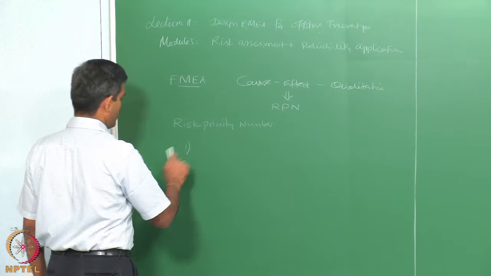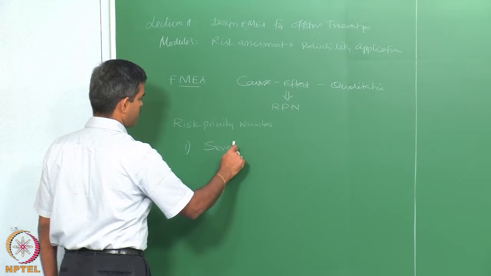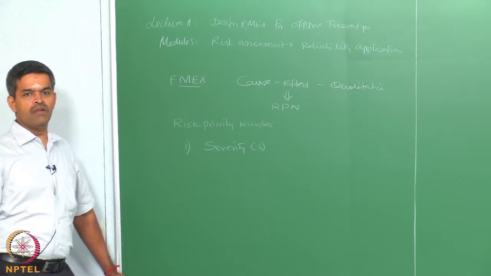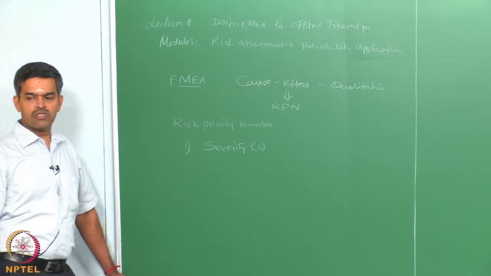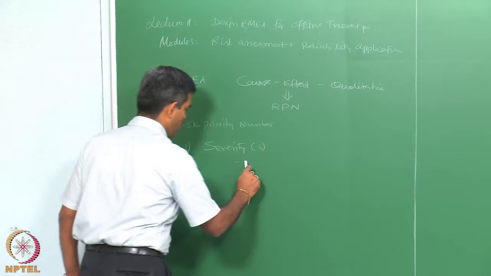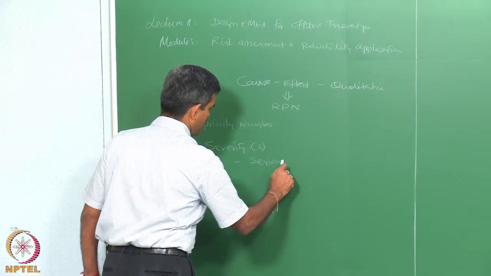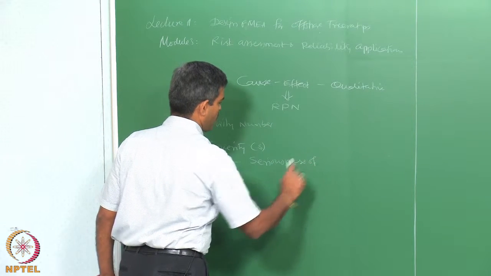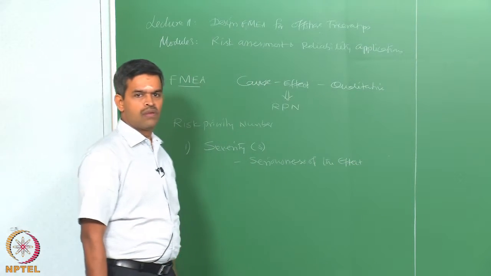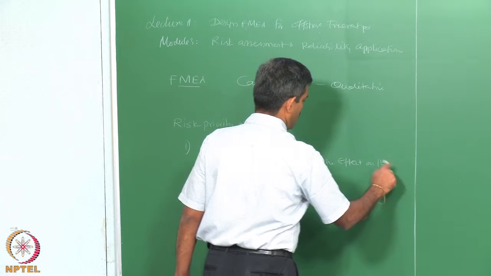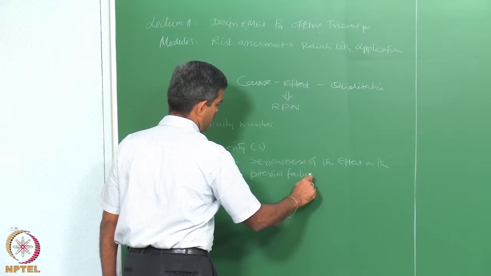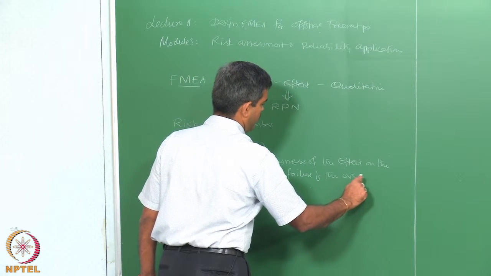The first variable is the severity, which I call S. This is a variable whose rating corresponds to the seriousness of an effect of a potential failure of the overall system.